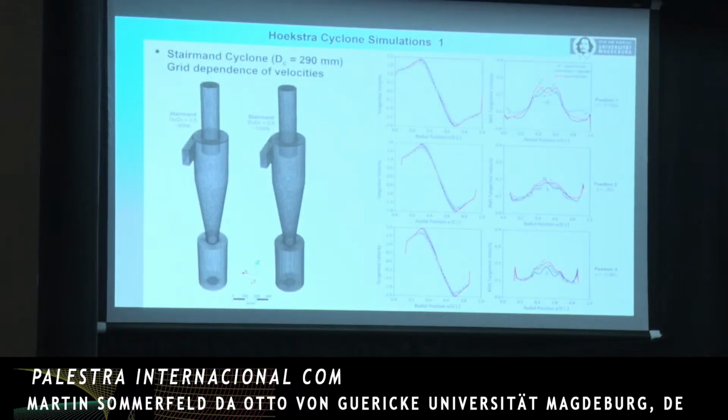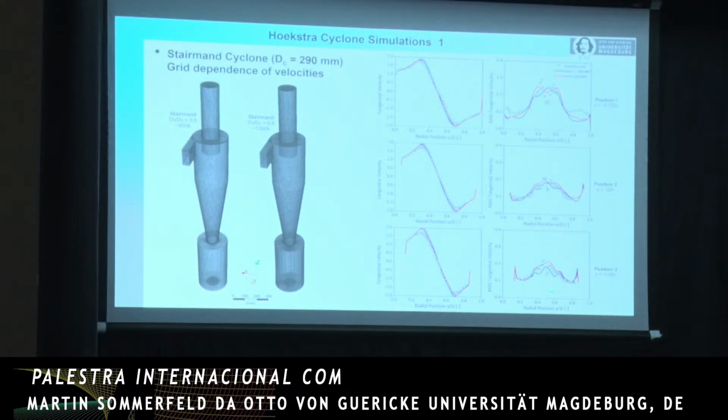I will not talk about it. So, this is the German cyclone we looked at, with tangential injection, the flow goes down, this is your collection bin, and this is the vortex finder. You get, of course, a typical tangential velocity profile, a free vortex profile underneath the vortex finder, and here is the mean tangential velocity.